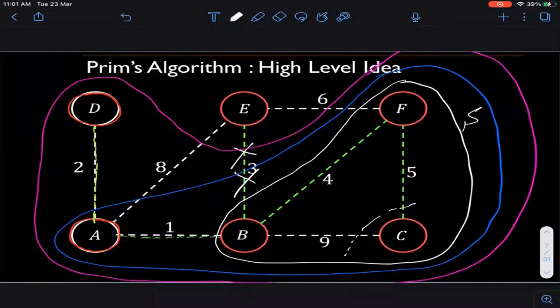Then at some point, if you cannot add any more edges, you just check whether there are any unconnected vertices left in your graph, and this again you can do in linear time. So you go to another source and keep running Prim's algorithm. But what we are proving here is that in one connected component, this algorithm will end up connecting everybody.